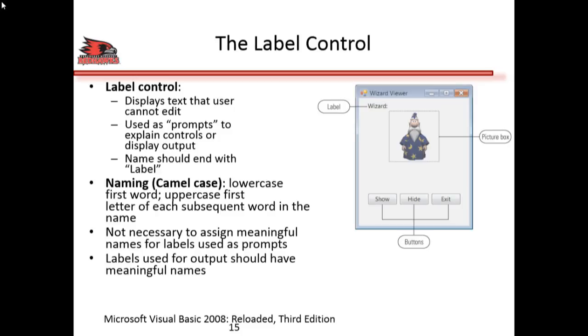What I mean to say is that the first word should not have any capital letters. The second word or the subsequent words should start with a capital letter. That's how camel case is. The difference from Pascal case is that in Pascal every word starts with a capital letter. Here the first word does not start with a capital letter.